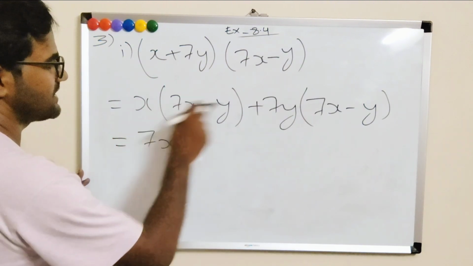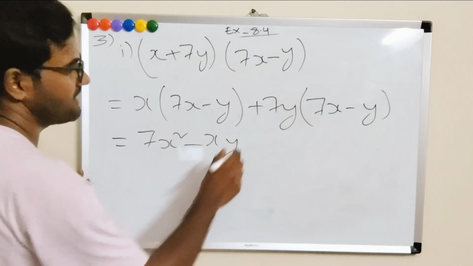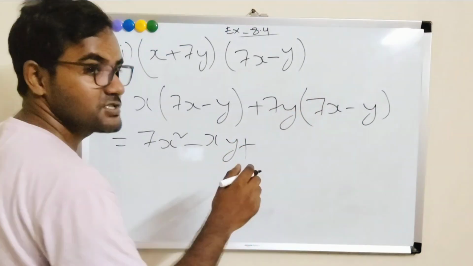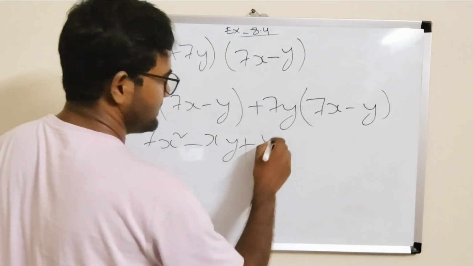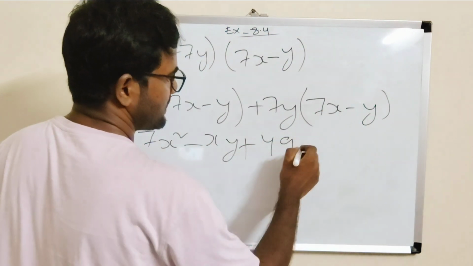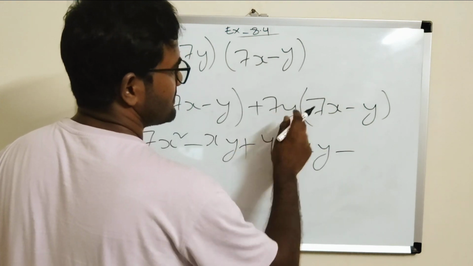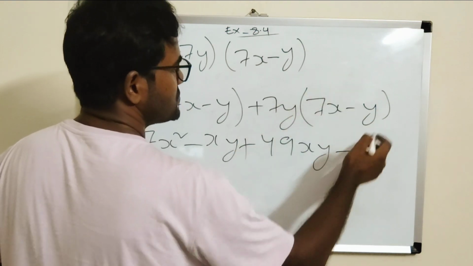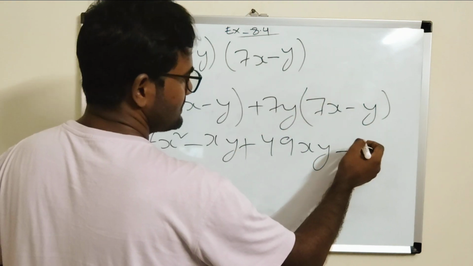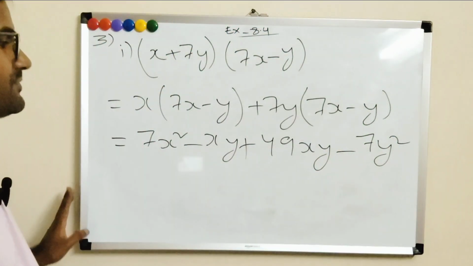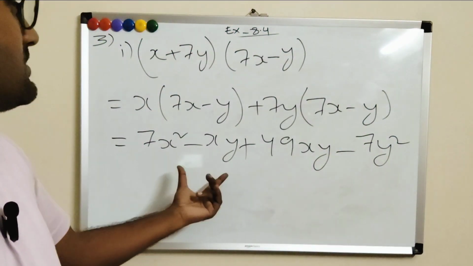Plus into minus is minus, and x into y will be xy. Plus into plus is plus, then 7 into 7 is 49. Then x into y is xy, plus into minus is minus, then 7y into minus 7y will be 7y squared.